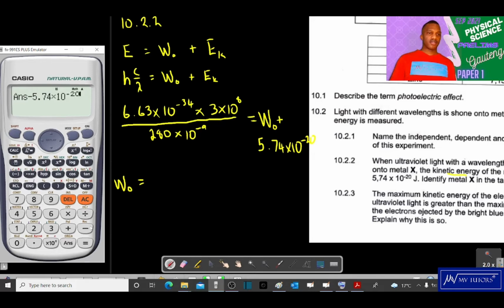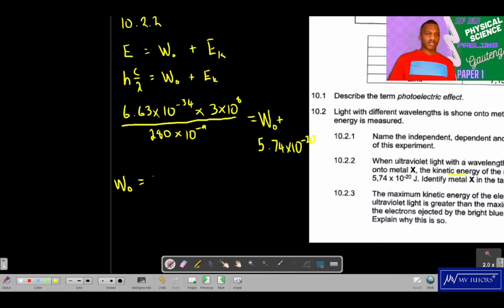It goes there. Good. So I get 6.5... 2 decimals is 6.53 times 10 to the power negative 19. Thank you. So that was 6.53 times 10 to the power negative 19 joules. That's our work function.